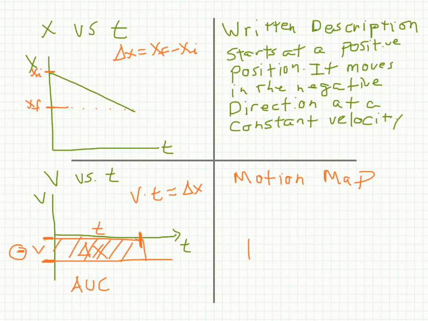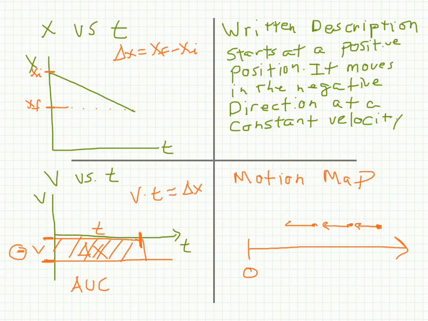Let's see, we should put 0 position here. So essentially what I'm doing with this is I'm setting up my coordinate system. I'm setting my reference point, my origin, and in this case I've started way out here at some big positive position, and I'm moving in the negative direction at a constant velocity.